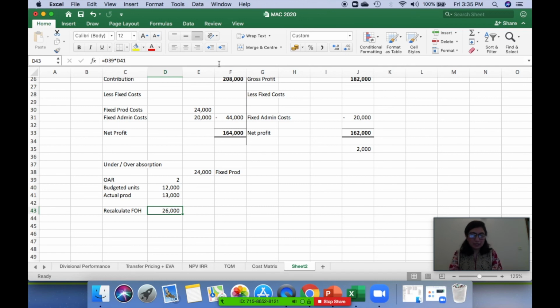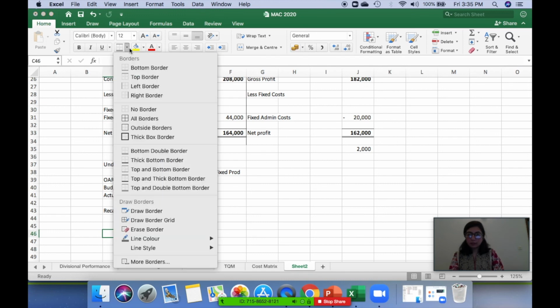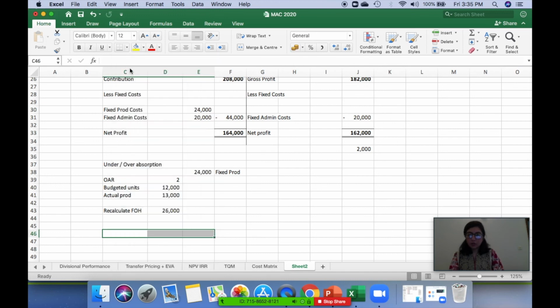In this case, we need to bring down our fixed cost to its original amount. So I'm going to draw a line here to actually clarify the concept. Your fixed cost should remain constant at 24,000, right? But because of the change in production, your fixed cost went up to 26,000, right?